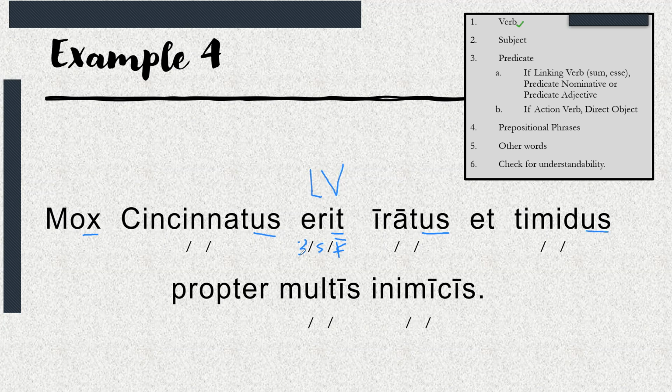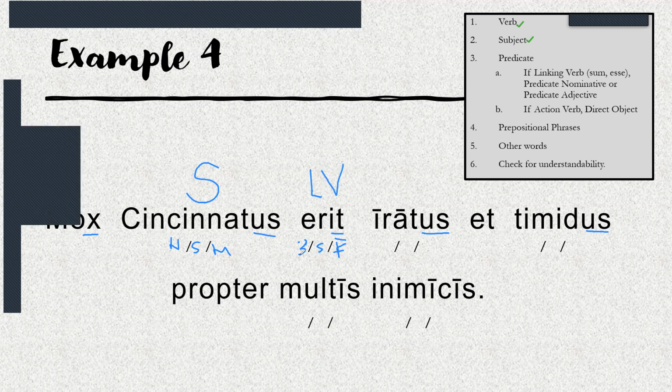Timidus, that's an adjective, not a noun, so neither of those can be the subject. And then I see nothing else that could be a nominative, so it is indeed Cincinnatus. Cincinnatus, that's his name, and by the way, that's where we get the word Cincinnati. There's our nominative, singular, masculine. So far the sentence says, Cincinnatus will be. There we found our subject. Cincinnatus will be. Let's go look for the predicate.